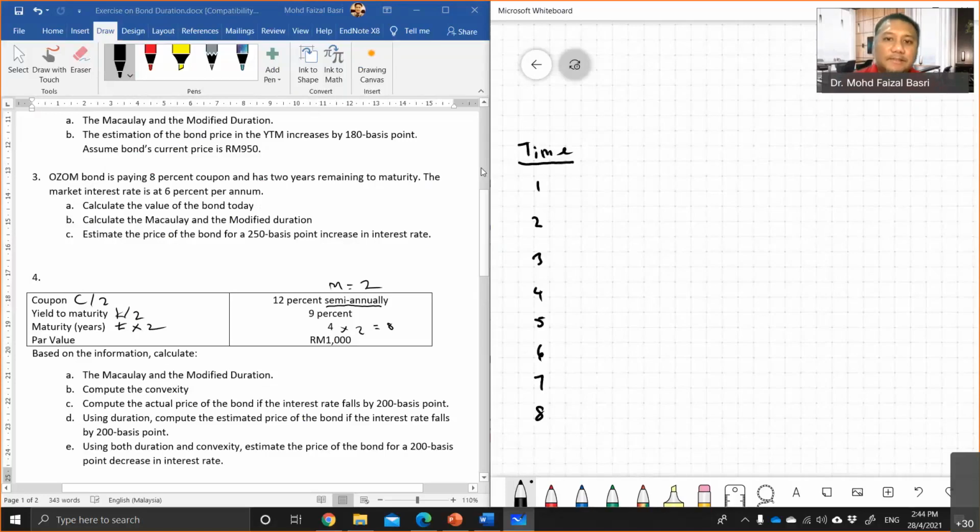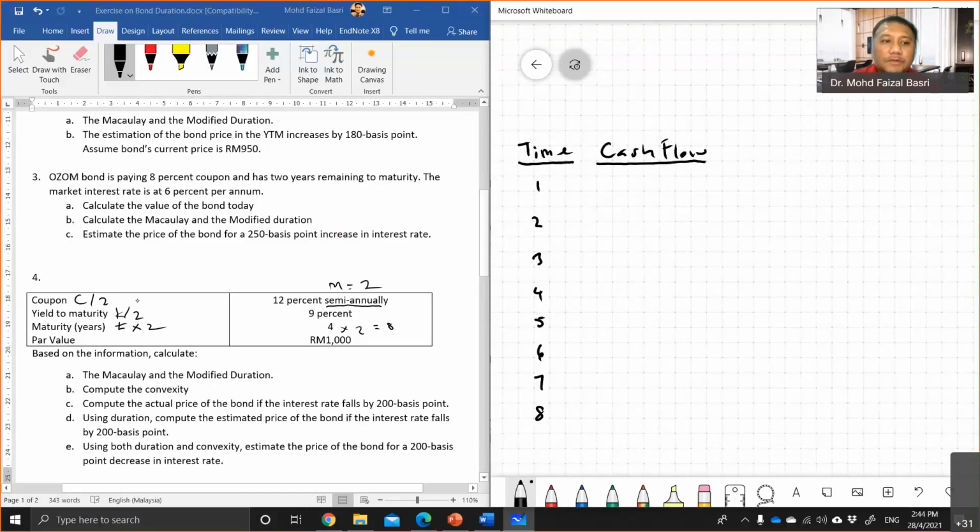All right, so next we're going to have the cash flow. Cash flow refers to the interest, the coupon, and also the principal.